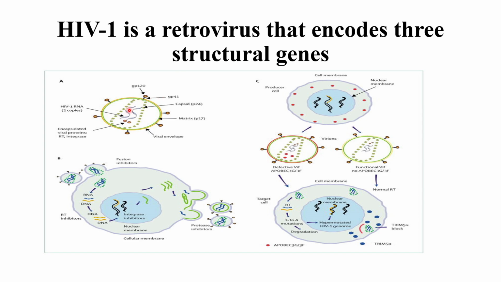an RNA. So HIV contains a single stranded RNA, and along with this it contains three structural genes.